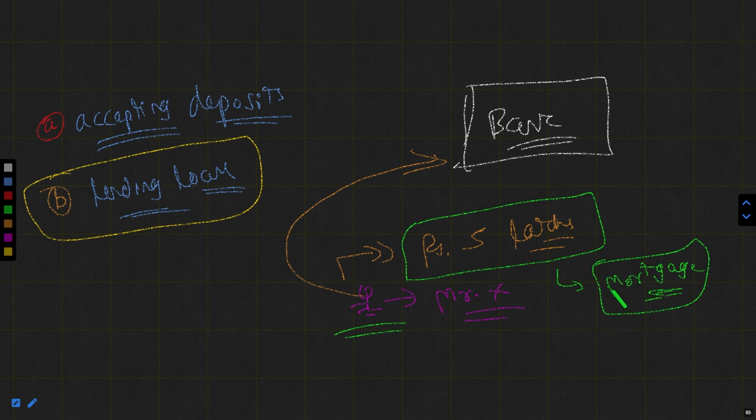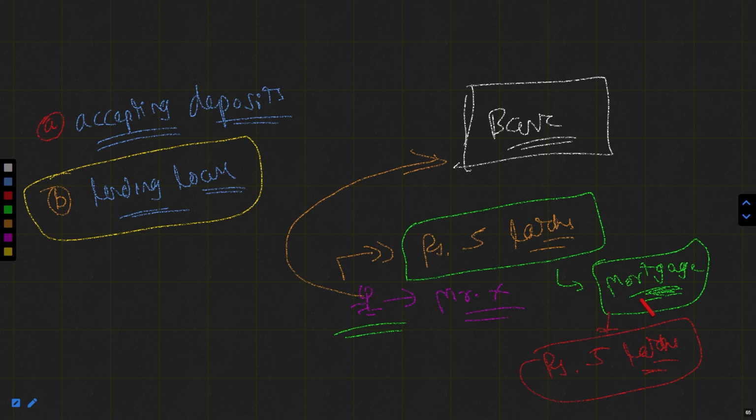Why does this happen? In case Mr. X defaults, meaning he is not able to repay the loan he had taken from the bank, then to fill the vacuum that is created, the bank will sell the mortgage. Because the mortgage was of equivalent value to the loan, the bank will recover its amount.